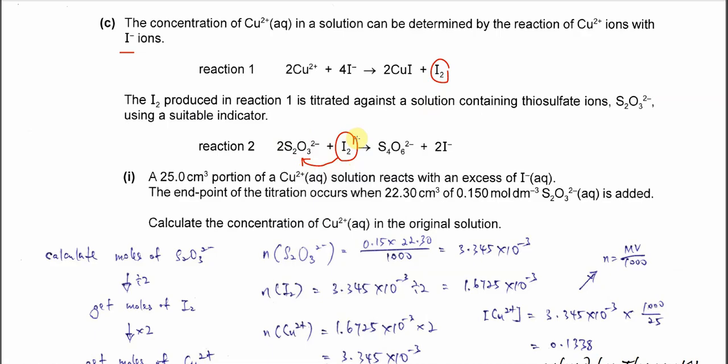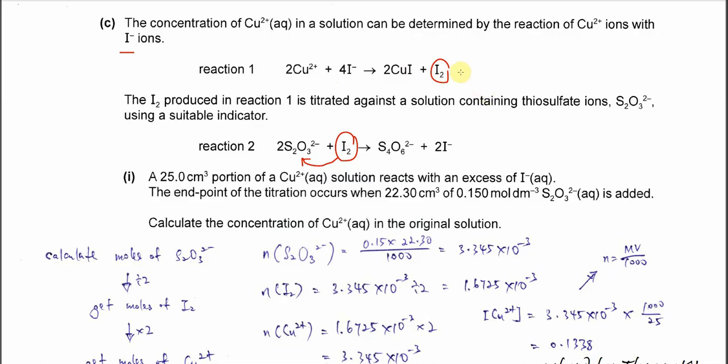But of course we don't really use the brown color as an indicator, so we use starch. In the first reaction, iodine forms, and when we add starch, it will form blue-black. After the first reaction, when we add the copper-2 and iodide, the iodine that forms immediately combines with the starch and forms the blue-black.